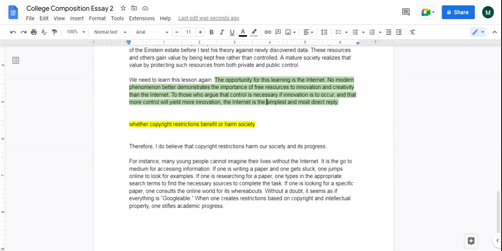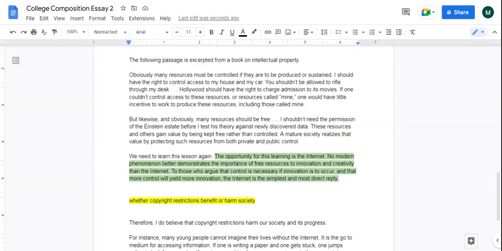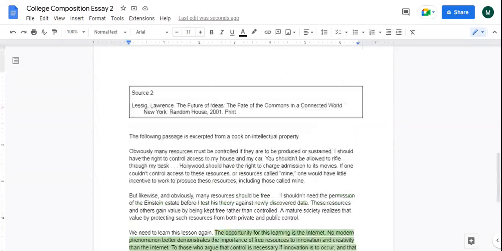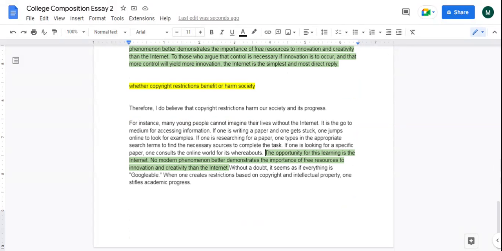The opportunity for this learning is the internet. I'm going to borrow it there. So I'm going to Control V, and then I'm going to go ahead and use "according to," and actually I probably could just get away with, again, quotation marks and then Lessig in parentheses.